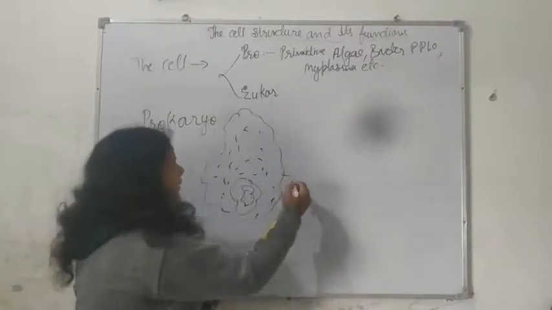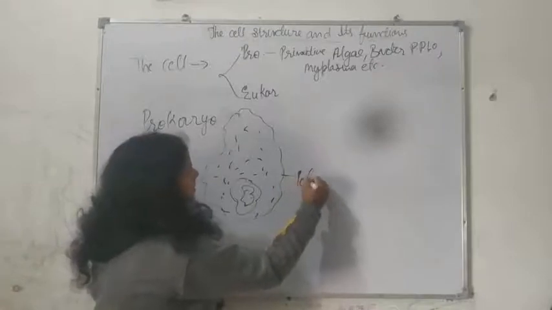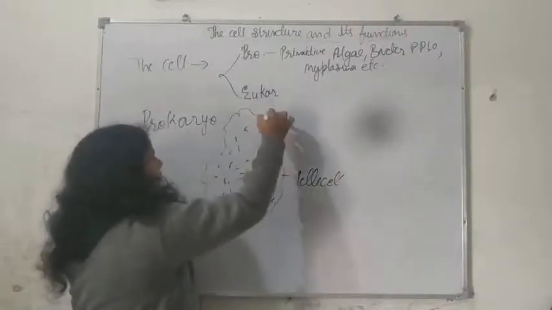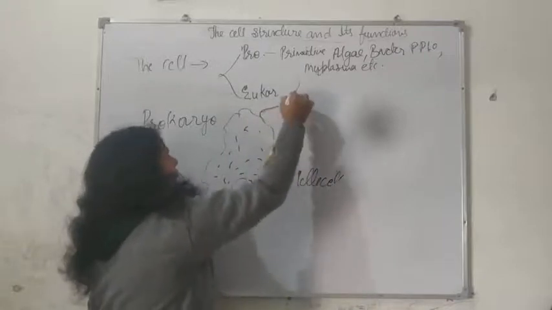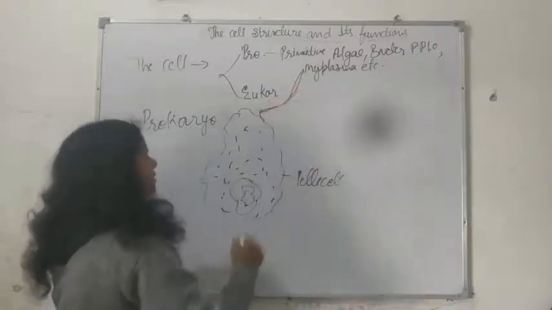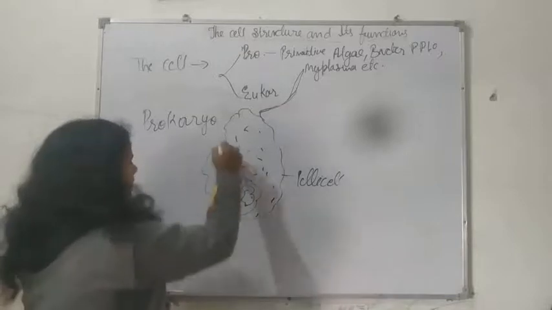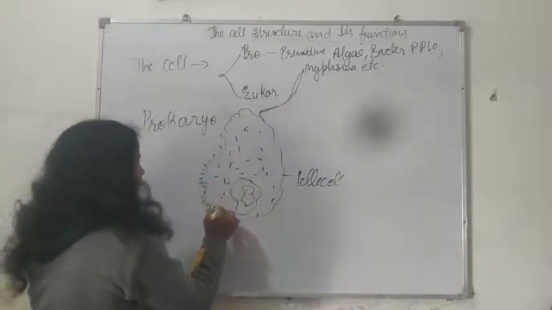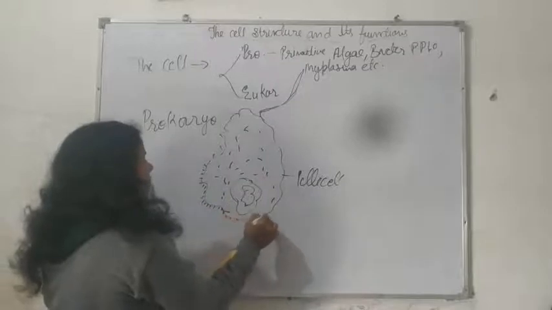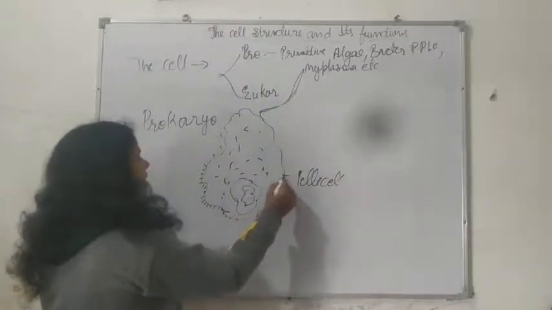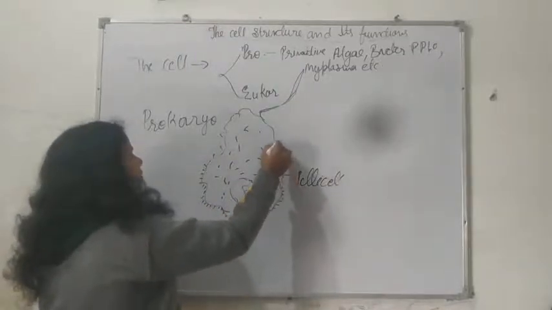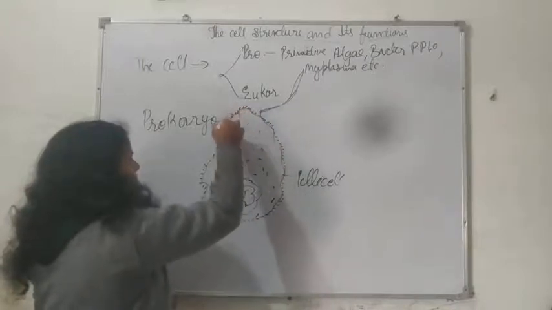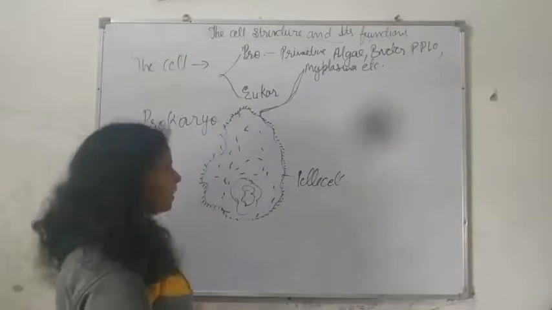Only one cell wall or sometimes a pellicle is present in the primitive cell, and one or two flagella are also present in the bacterial cell, and pili are all over the body. A thin hair-like structure, pili, is found in the bacterial cell, and these are helpful in locomotion and movement of the cell.